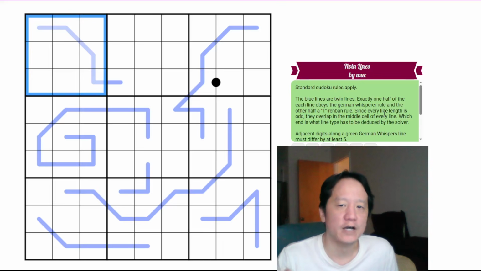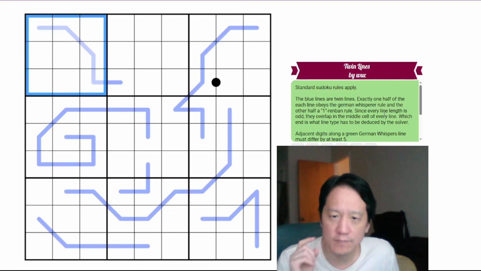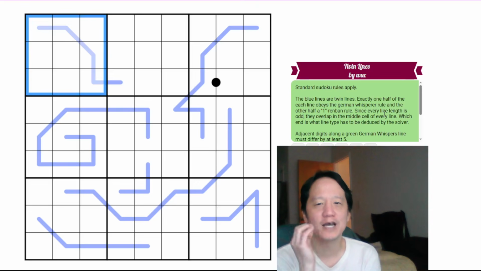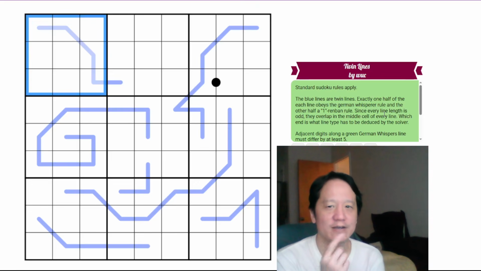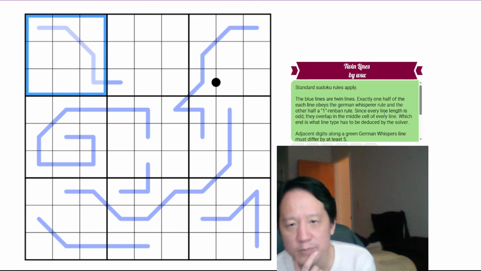The blue lines are twin lines. Exactly one half of each line obeys the German whisper rule, and the other half a one renban rule.